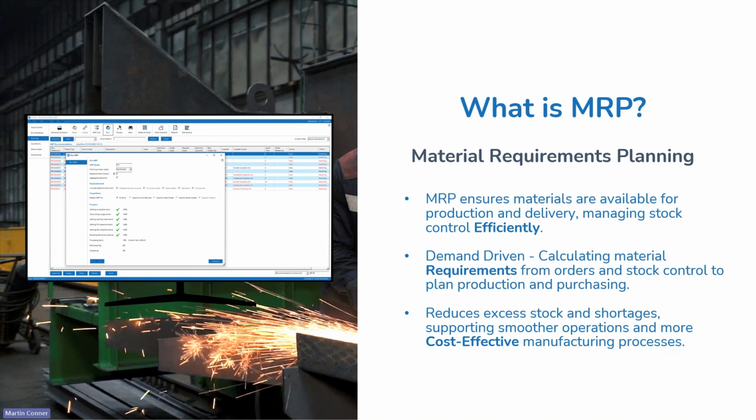Those demands could be from orders from your customers, or from the rules that you set up within a stock control system, to plan your production and purchasing. It generally reduces stock and shortages, is generally a just-in-time solution, and helps you to become more cost-effective and efficient.